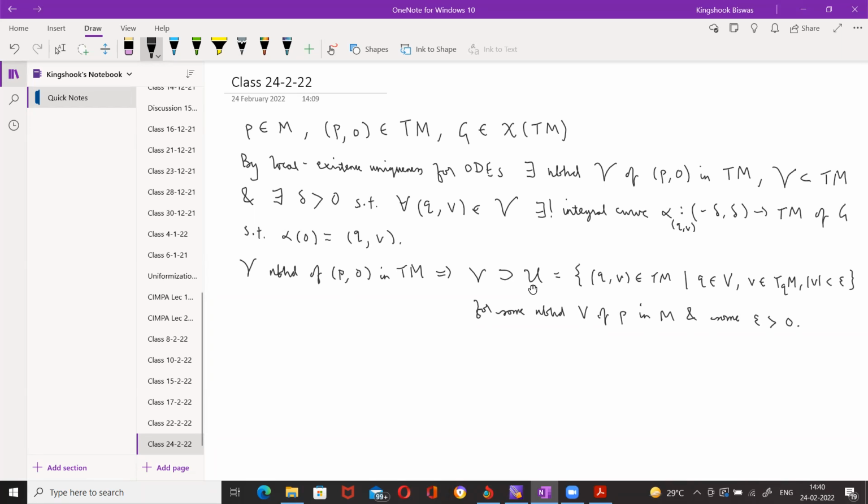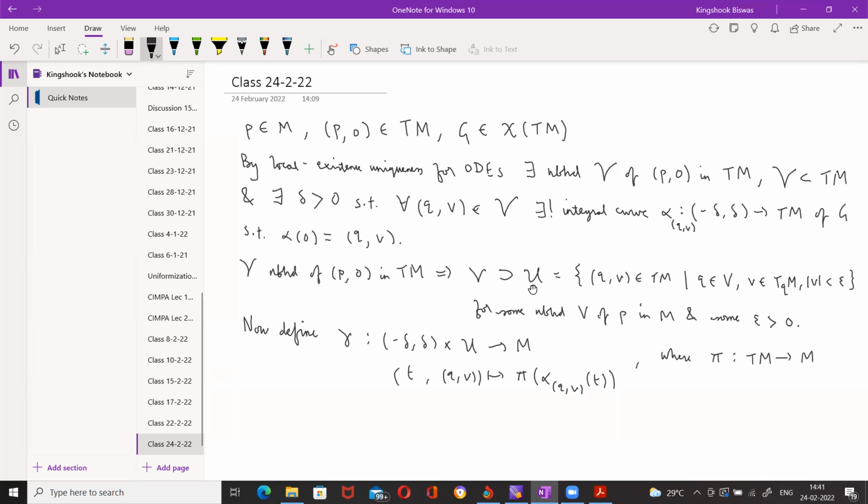Now define gamma from (minus delta, delta) cross script U to M by (t, q, v) maps to pi of alpha_{q,v}(t), where pi from TM to M is the natural projection.